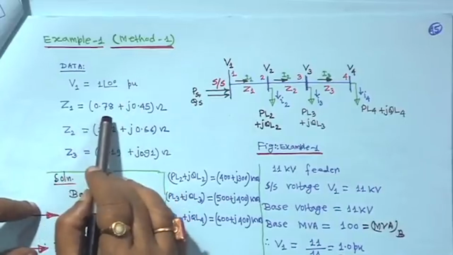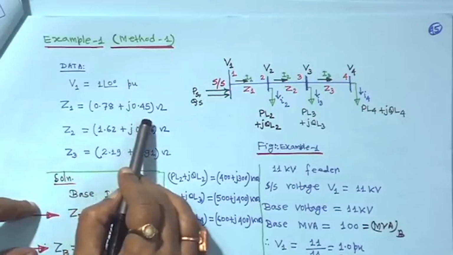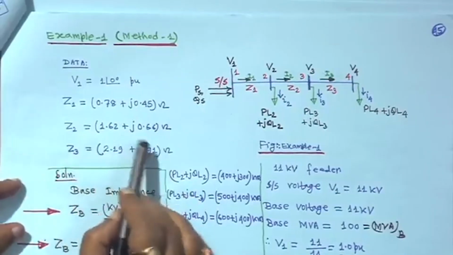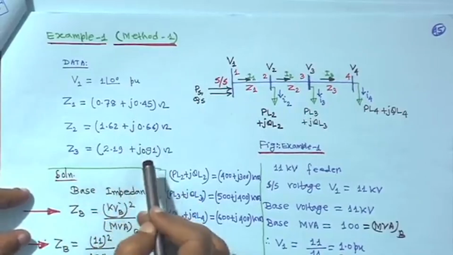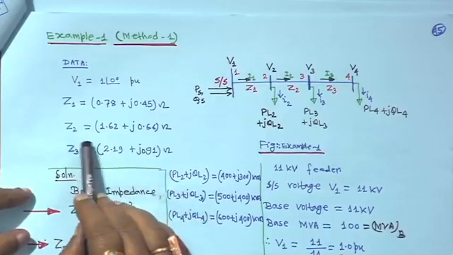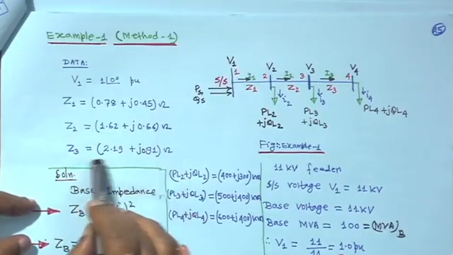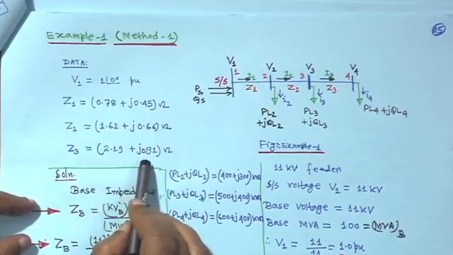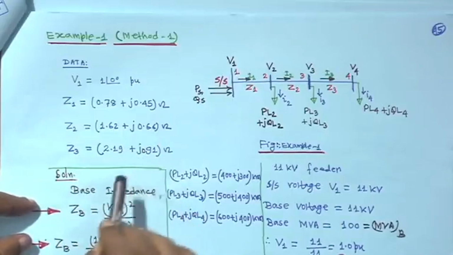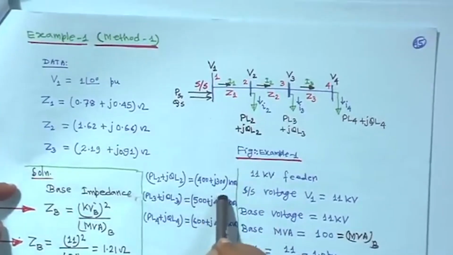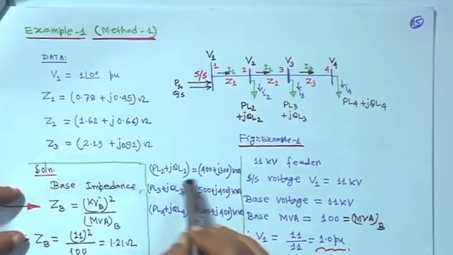Now, Z1 is given as 0.78 plus j0.45 ohm. These are all ohmic values, we have to convert them to per unit values. Z2 is equal to 1.62 plus j0.66 ohm, and Z3 is equal to 2.19 plus j0.91 ohm. And the loads are given here, I think everything is readable, I am reading it for you.